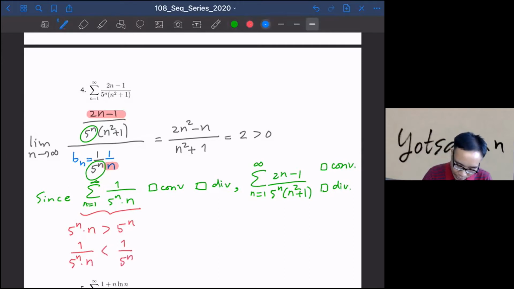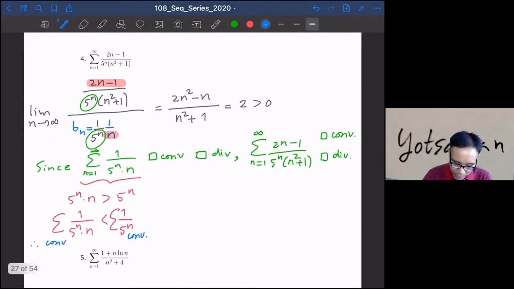And you have this series and this series, and this series turned out to be convergent. So this one is convergent by the comparison test.